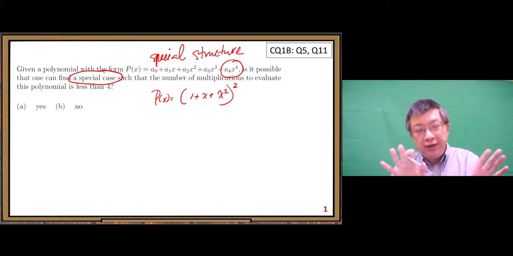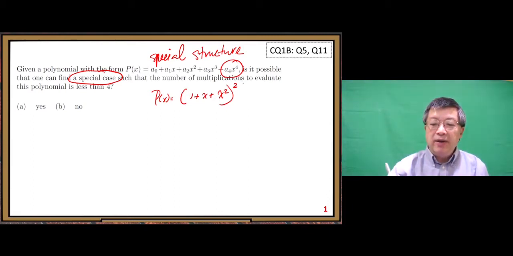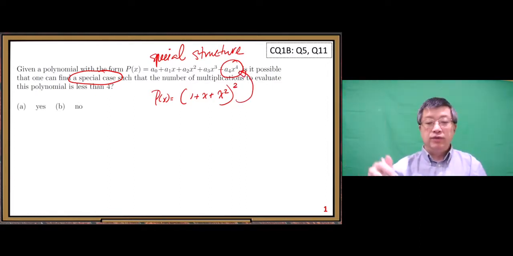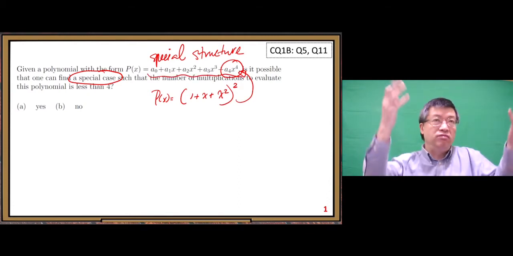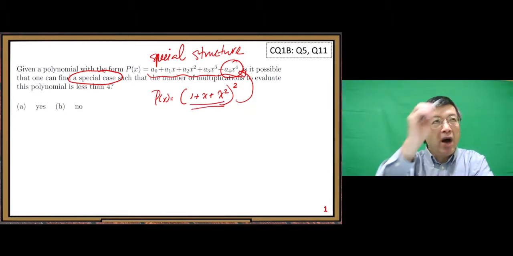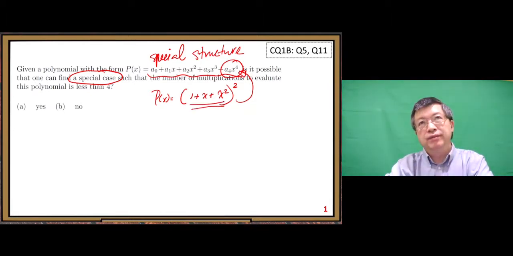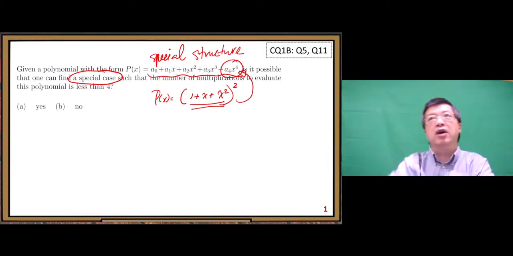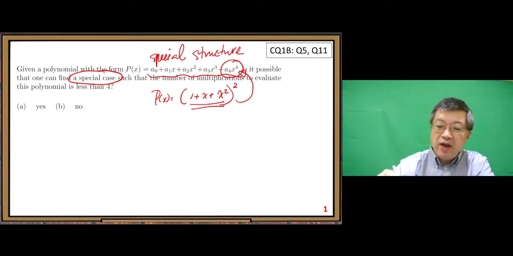If you expand it, you will get a polynomial of degree 4, so that is a special case of this general expression. But think about how many multiplications we need to calculate this polynomial. We can take advantage of the structure.